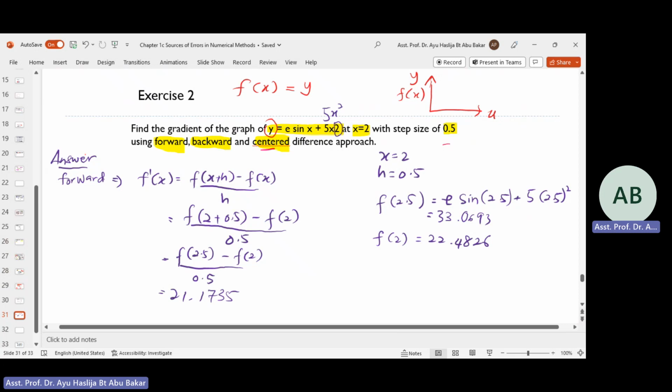Try to find out for backward and centered. For 2.5 we get 31, then for 2 I get 20.